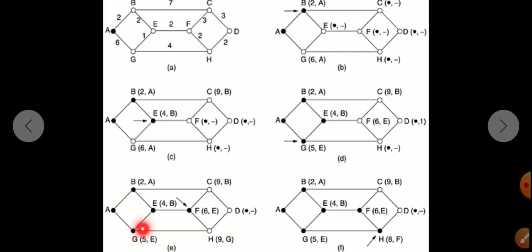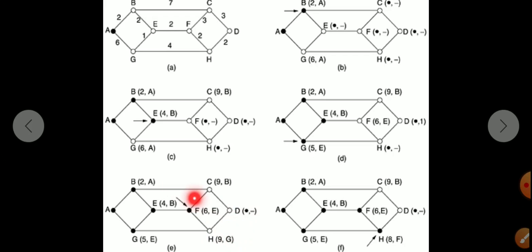Sorry, A to G is 5, because don't go for A to G directly. A to G means the path is A, B, E, G. So the value is 5. G to H 4. 5 plus 4, 9. So from which path G was initiated, H is 9 comma G.